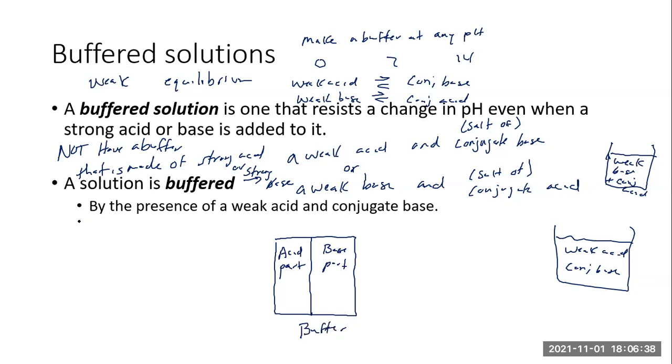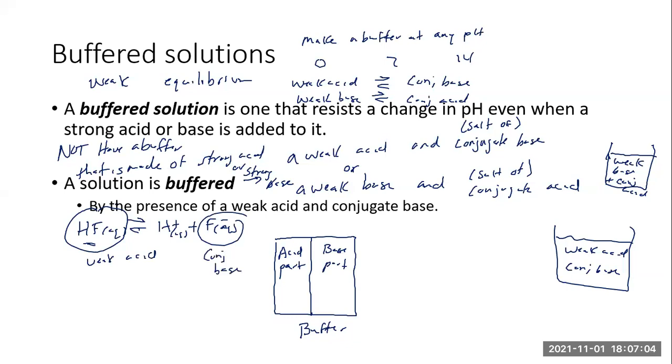So for example, if we took hydrofluoric acid, which is a weak acid, when it breaks apart, it will mainly stay together as HF, and we will get H plus and F minus. This is a weak acid, and its conjugate base. Again, the difference between these two is just one H plus, which is what you need for those guys to be related to each other.